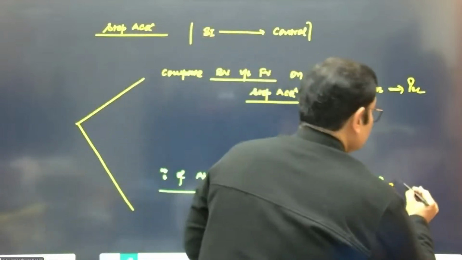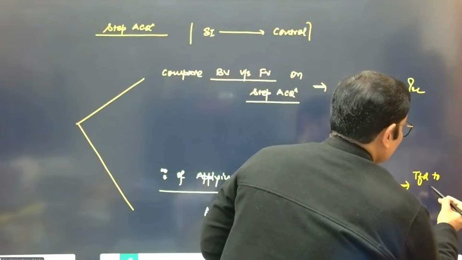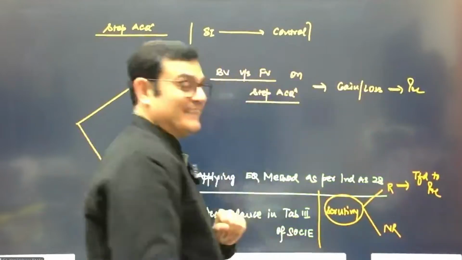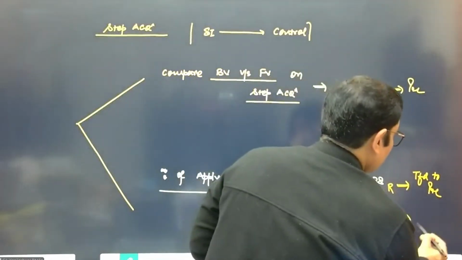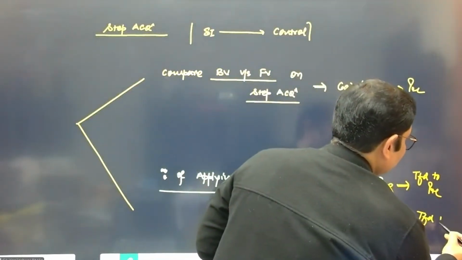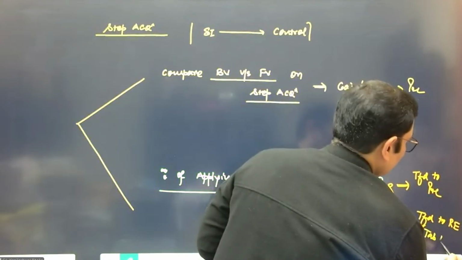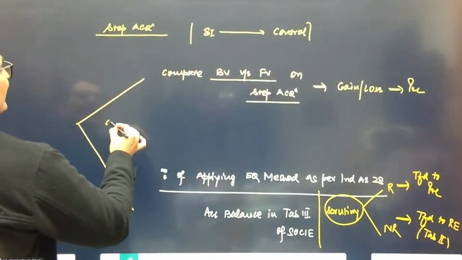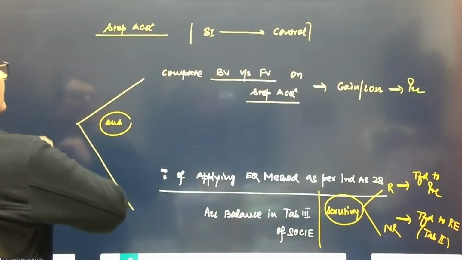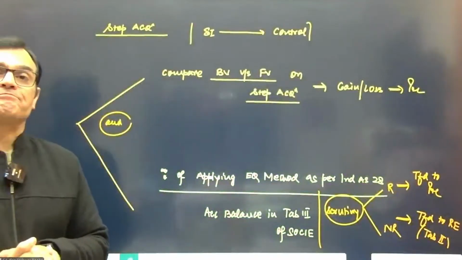So the money which is R will be transferred to the profit and loss account, recycled. And the money which is NR will be transferred to retained earnings, that is, shifted to tab number 2 from tab number 3. I hope you got the picture very clear.